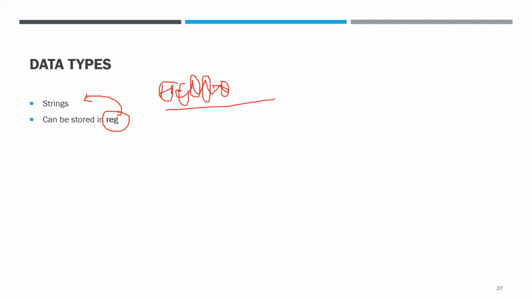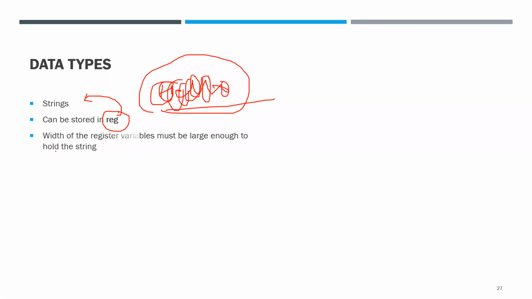We should be able to specify the width. This is where your array also comes into play. Here the width of the register variables must be large enough to hold the string.